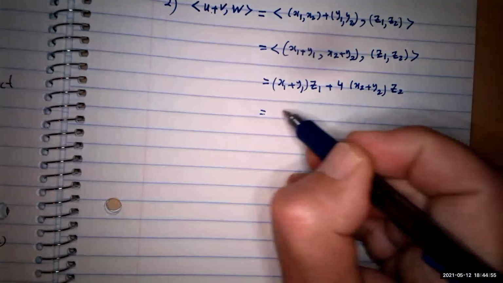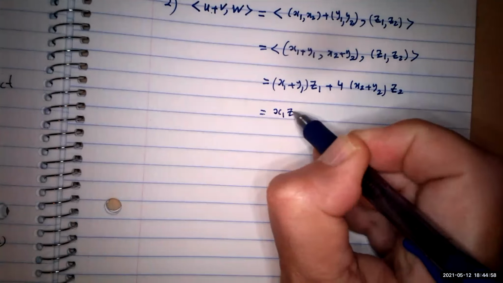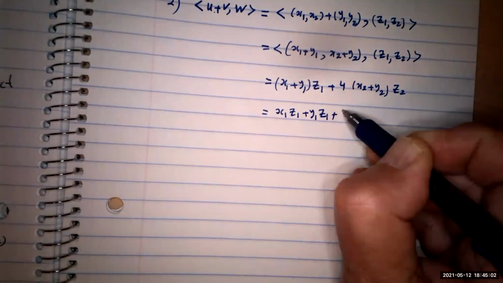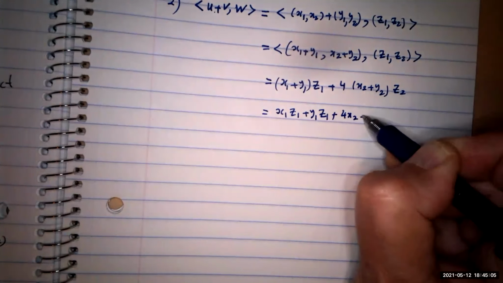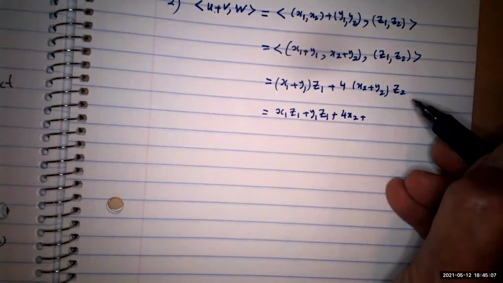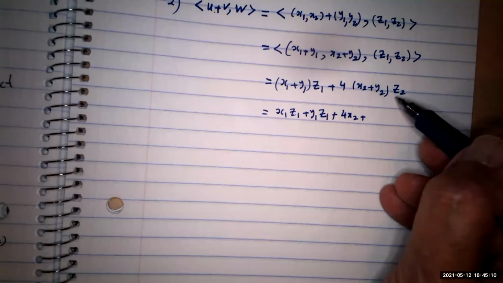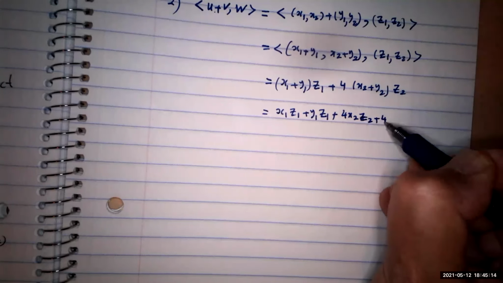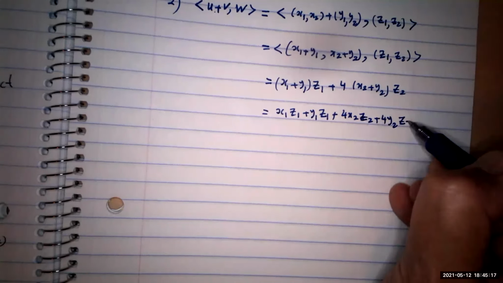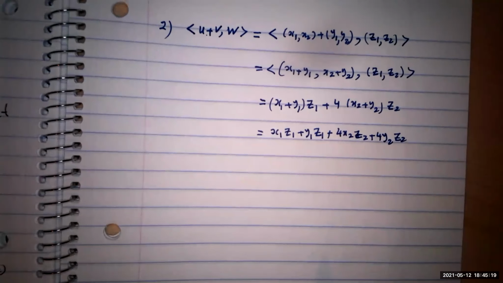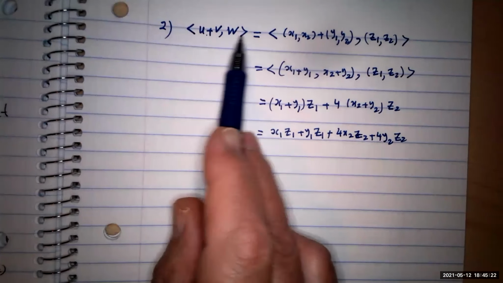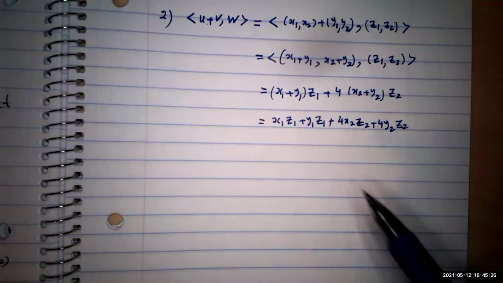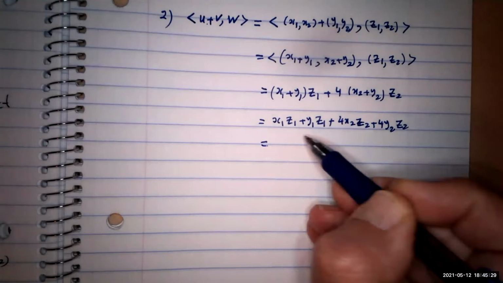It's going to be x1 z1 plus y1 z1, plus 4 x2 z2 and 4 y2 z2. Remember what you want to prove: that this is equal to the inner product of u and w plus the inner product of v and w. So put them nicely together.